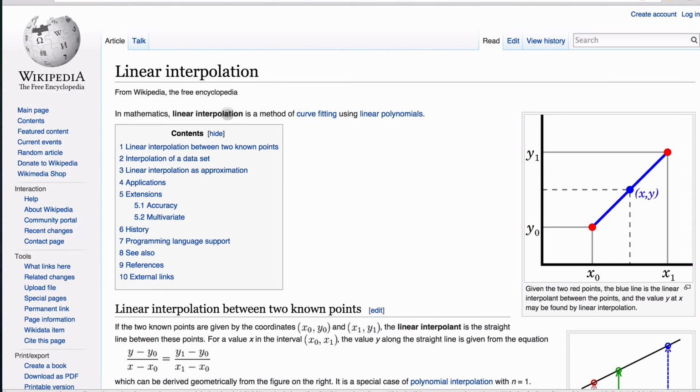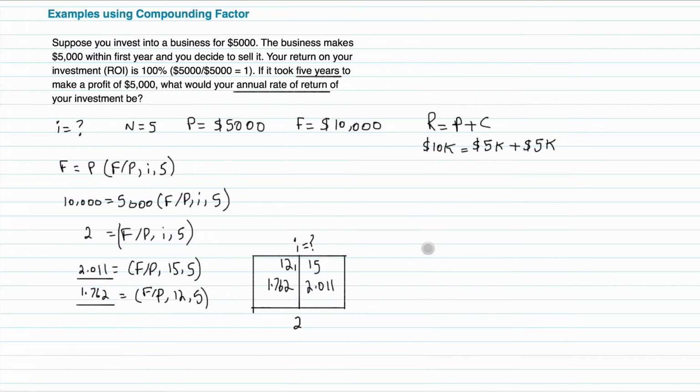And the way we do this, on the Wikipedia page of linear interpolation, this would be one of our points and this would be our other point, and we are trying to find something in the middle. At what interest rate is the y value equal to 2? So just to make it a bit more clear, draw a line.